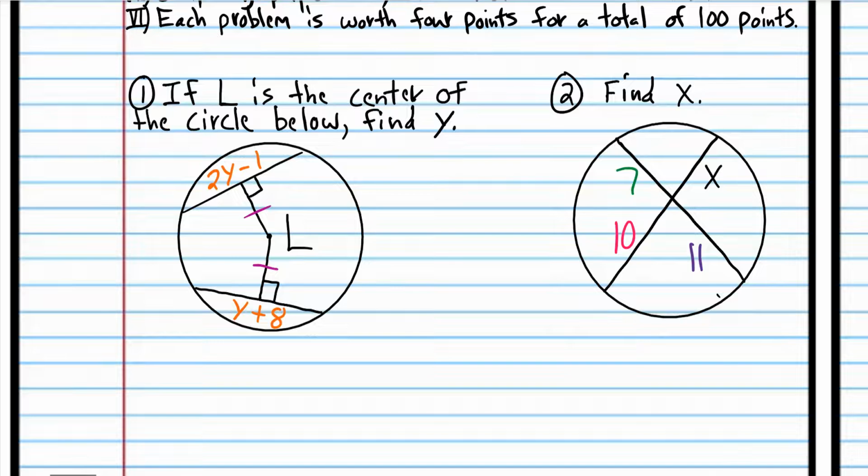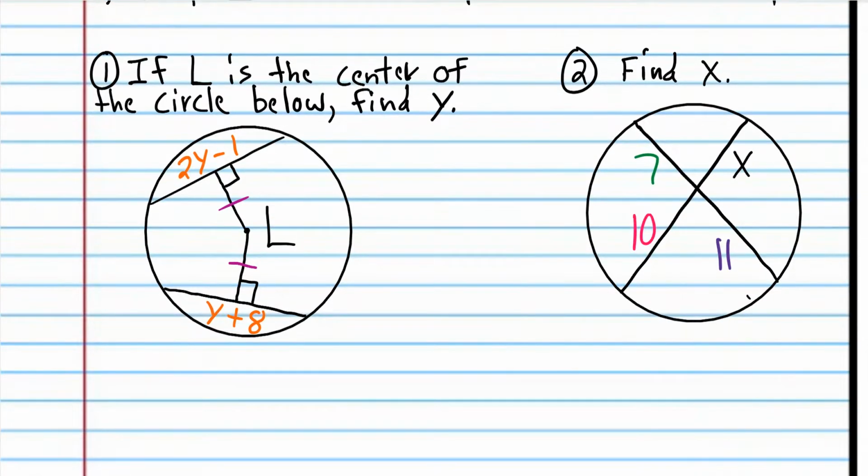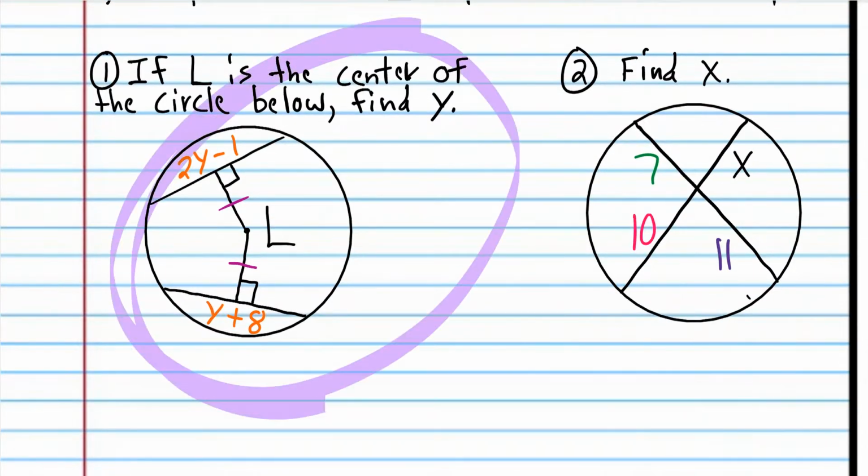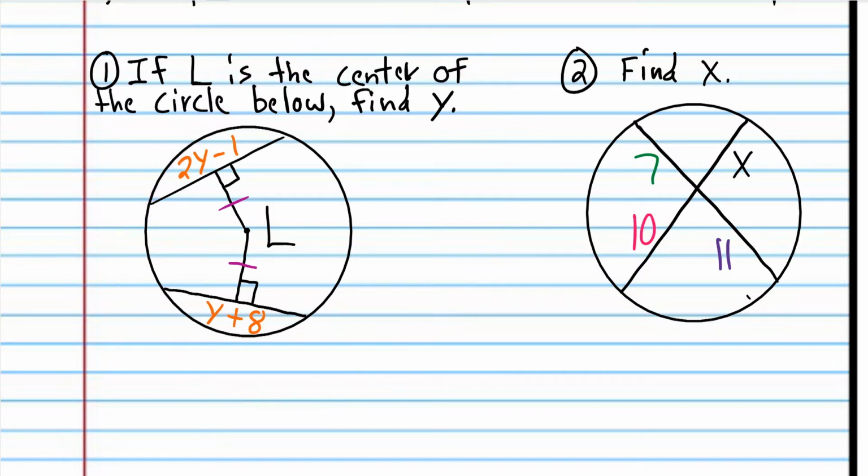So, as usual, I want you to try these problems on this practice test before you just watch me do it. I want you to think about the problem. I want you to think what it's asking you and attempt the problem yourself. If you get stuck, that's okay, but give each problem an honest attempt.